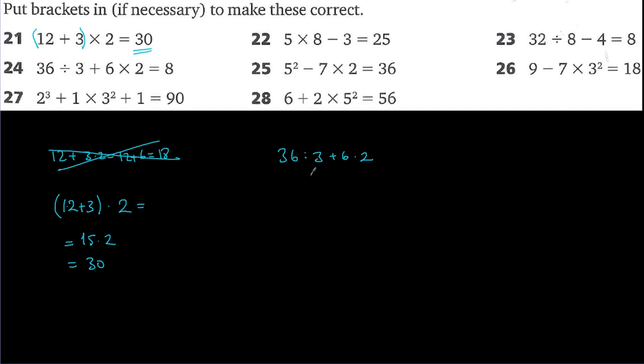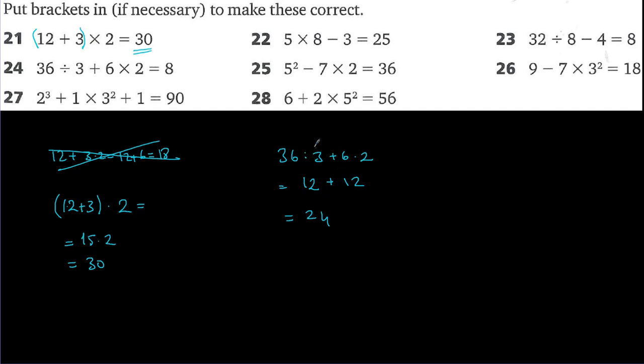You are going to do that one first, because there is no order between division and multiplication. They are the same priority. 36 divided by 3 is equal to 12, plus 6 times 2, which is 12 also. 12 plus 12 is equal to 24. So this is not the correct operation. We should change this one.